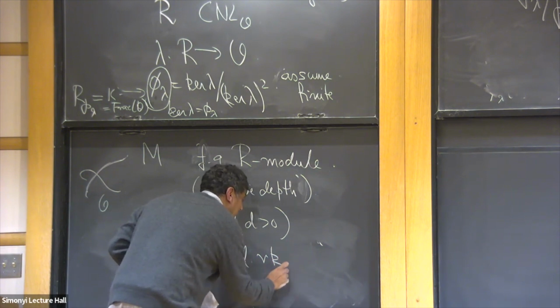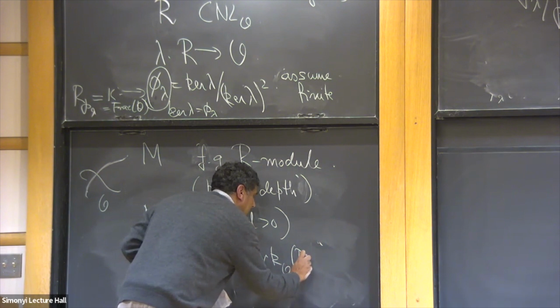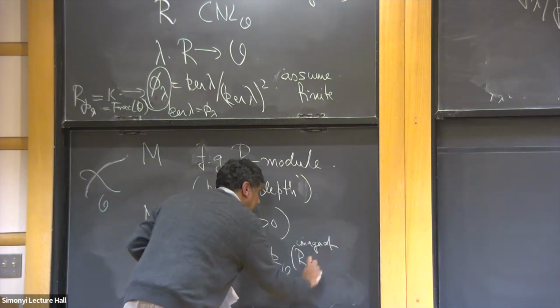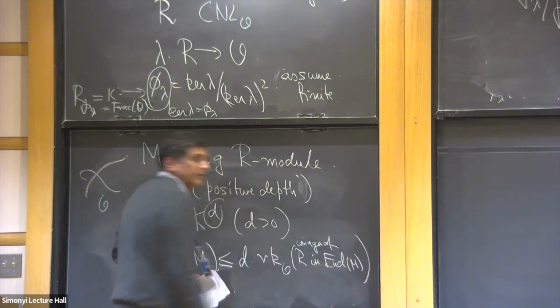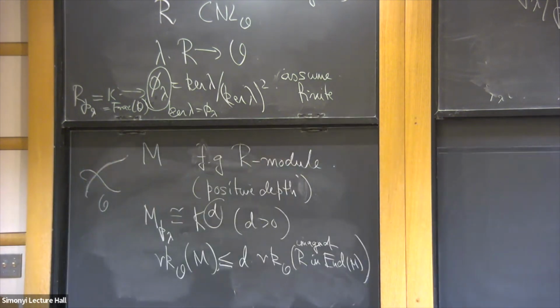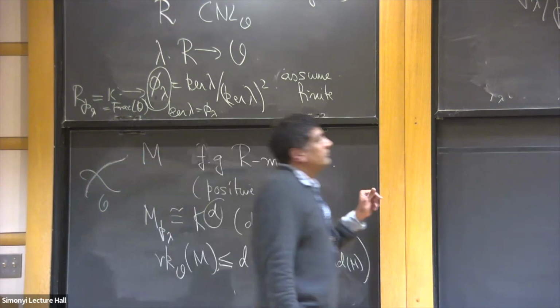You can say it in different ways, for instance the rank of the image of R in the endomorphisms of M. Intuitively, you can think of tensoring M with QL or QP, which should be free over the image of R. So there's some condition controlling what's happening at the other generic points, which I forgot to state.